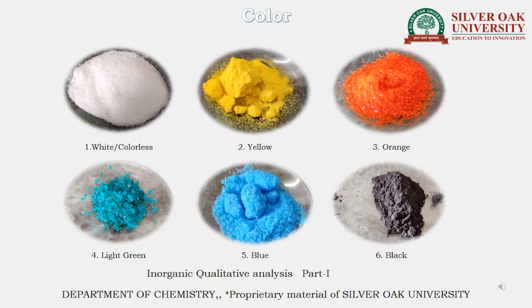Have you observed here that all colored compounds or salts are from the transition metal series? We studied that all the salts of transition metals are colored. That's why all the colored complexes here are from transition metals.